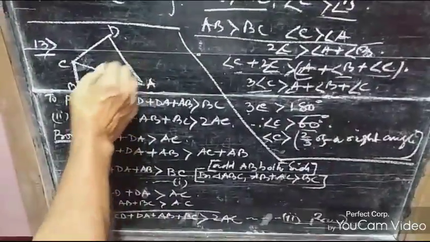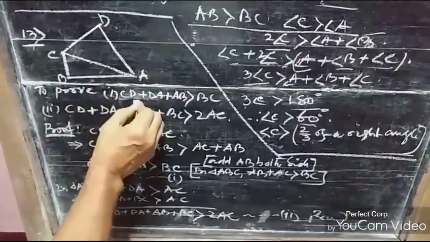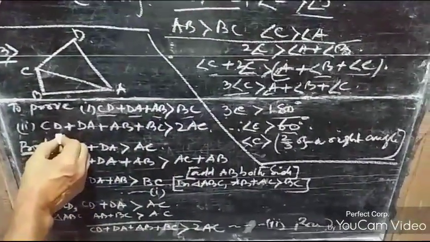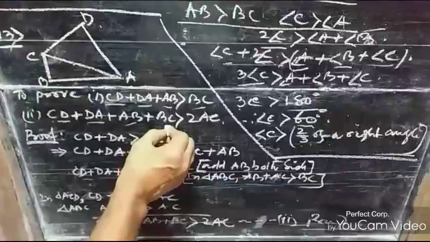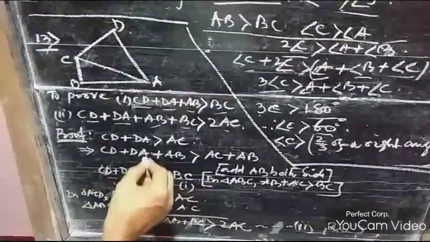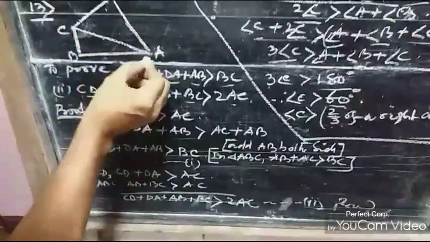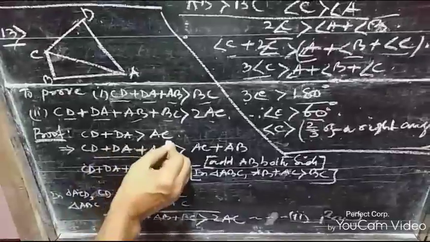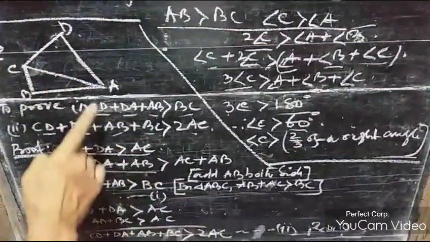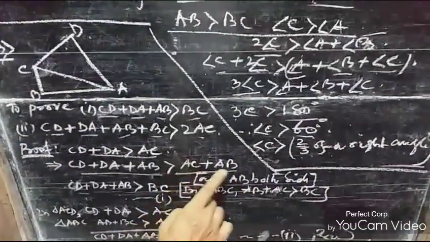It is given in this figure. We need to prove that number 1 is CD plus DA plus AB is greater than BC, and number 2 is CD plus DA plus AB plus BC is greater than 2AC. See here, within this triangle, CD plus DA is greater than AC. Now adding AB both sides, CD plus DA plus AB is greater than AC plus AB.